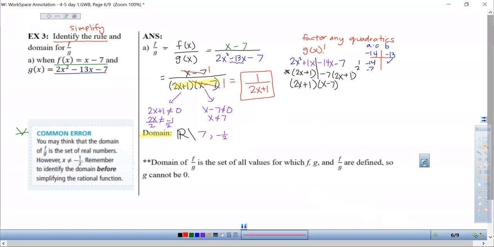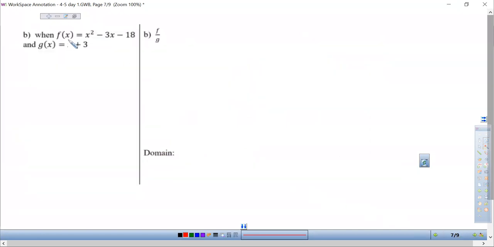Okay, so let's look at another example. So for B, f of x is x squared minus 3x minus 18. G of x is x plus 3. So they want us to find f of x over g of x.